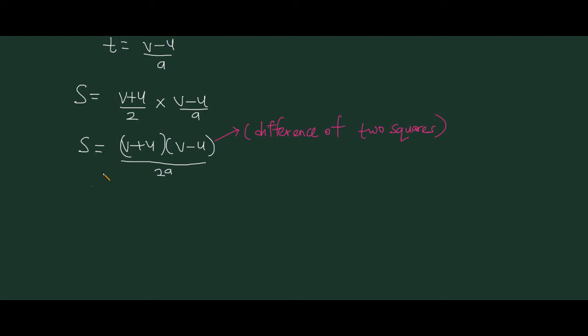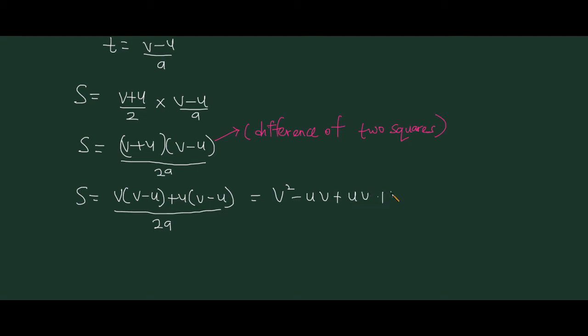If I expand this correctly, I will have the first term multiplying the whole of this: v into bracket v minus u, plus u multiplying v minus u, all over 2a, and this will be v squared minus uv plus uv plus u squared.